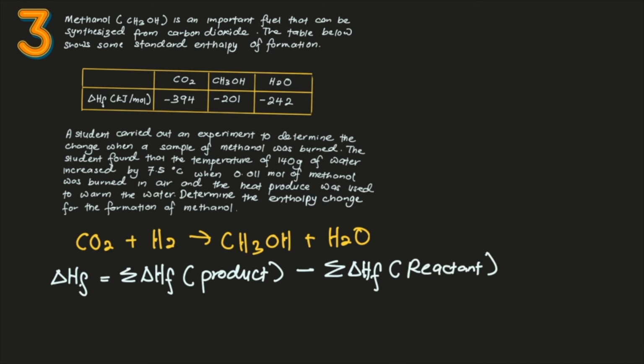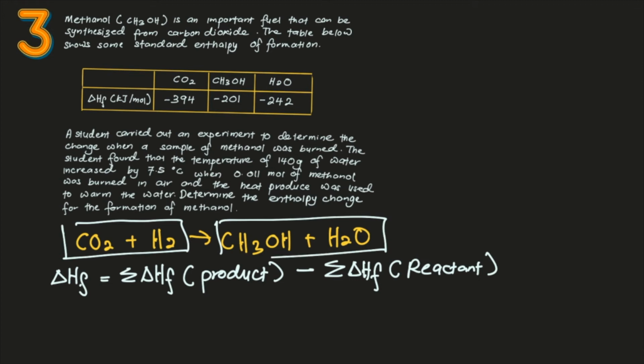It's just the other way around from the enthalpy change of combustion. Alright, so here you need to know this is your reactant and this is your product, and then you're going to match it with the values given to you in the table here.